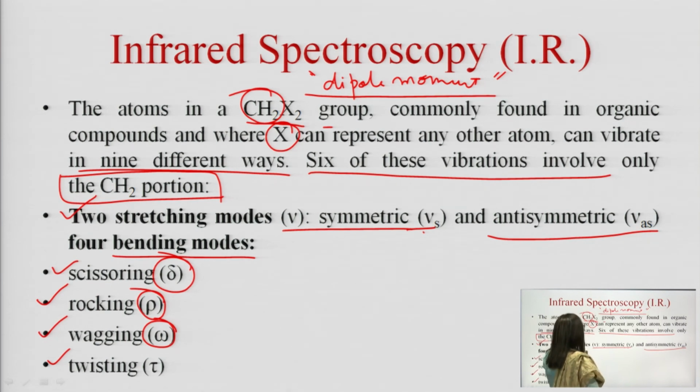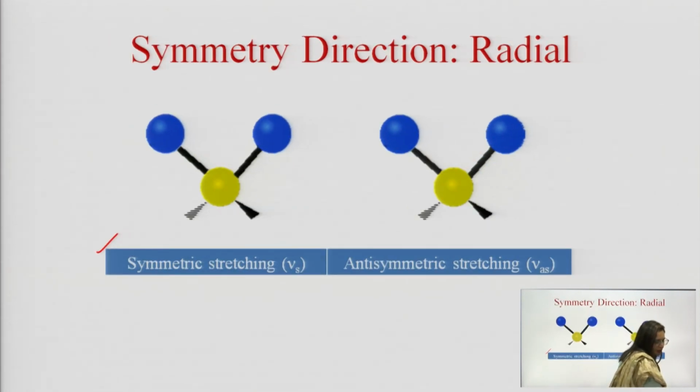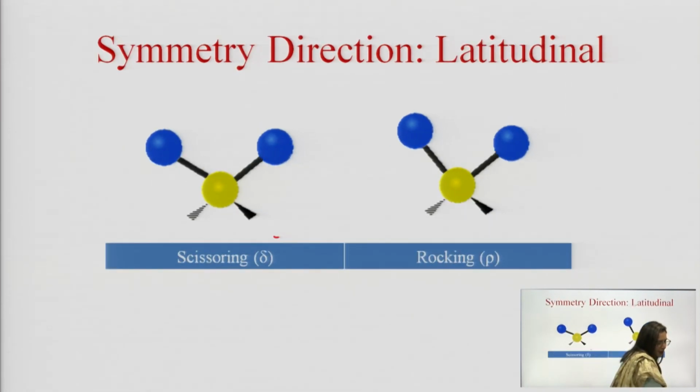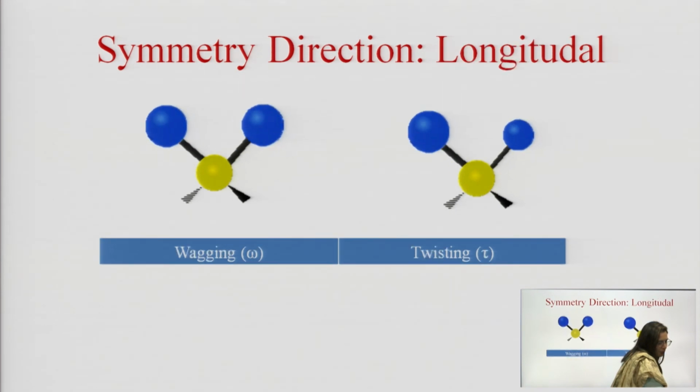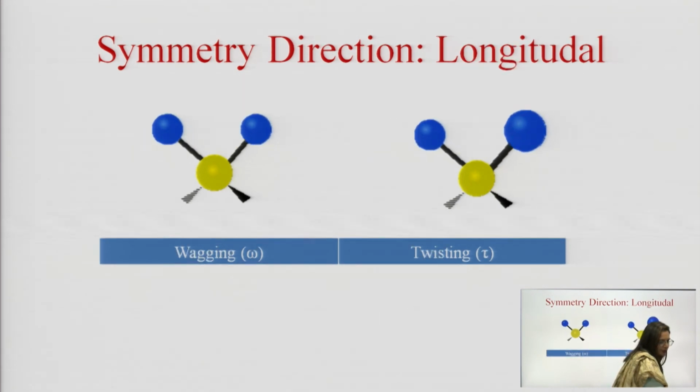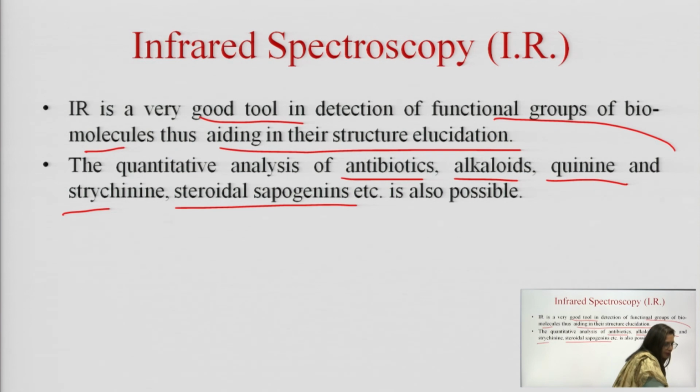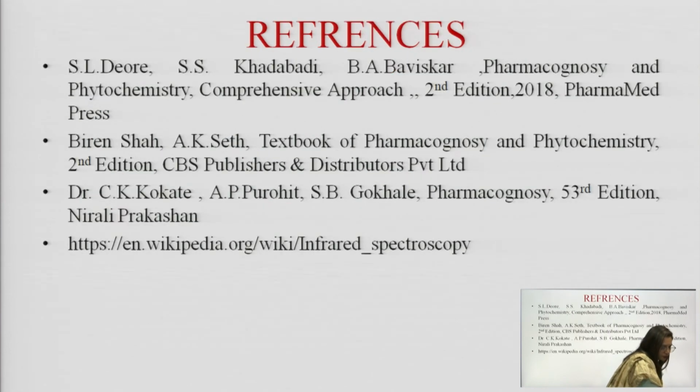One is stretching mode, which could be symmetric or asymmetric. Then are bending modes, which are scissoring, rocking, wagging and twisting. And here are all the types of vibrations: scissoring, rocking, wagging, coming to and fro, twisting. And with this I wind up the topic of IR and UV spectrometer.